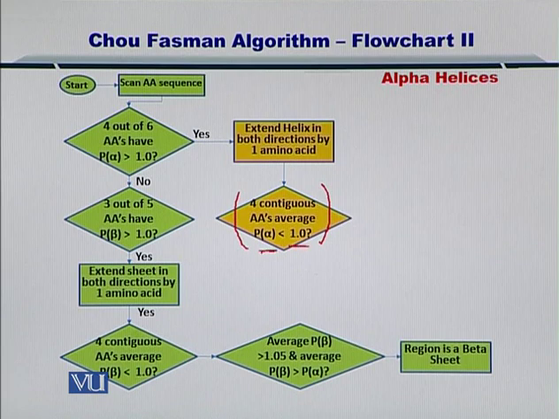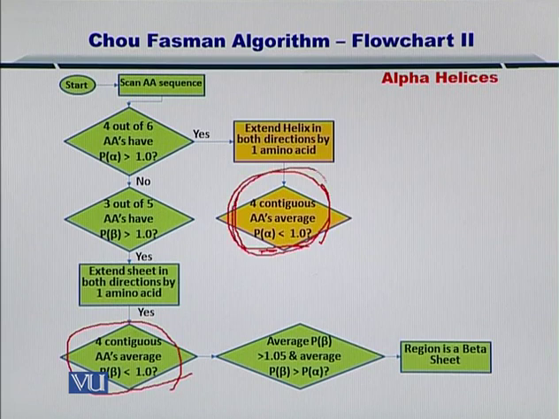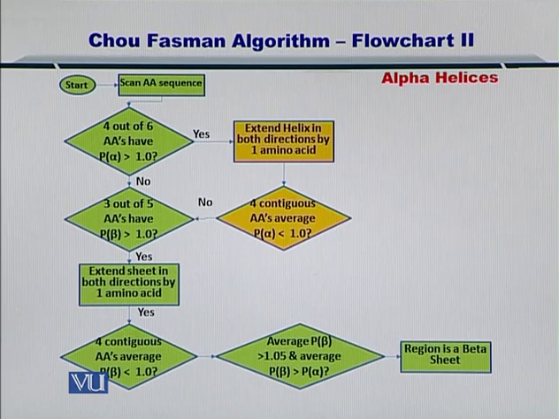Note that this is the same condition as here, except that in this case we are checking for 4 contiguous amino acids and their propensity for forming an alpha helix, while in the case of beta sheet prediction we are considering 4 contiguous amino acids but their propensity for forming a beta sheet. So if this condition is not true and the alpha helix is not to be formed, then you shift the algorithm back towards forming a beta sheet.